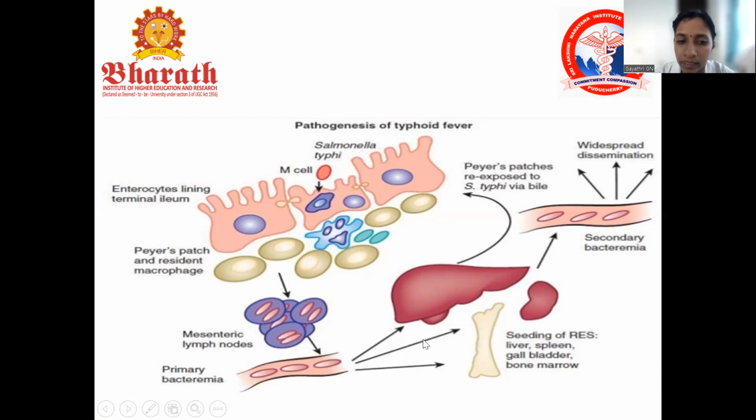Then through the reticuloendothelial system, they go into the liver, spleen, gallbladder, and bone marrow, leading to secondary bacteremia, then widespread dissemination to all the other organs of the body. And the Peyer's patches get re-exposed to Salmonella typhi via the bile. Bile causes intrahepatic circulation going back again. So this is a vicious cycle.